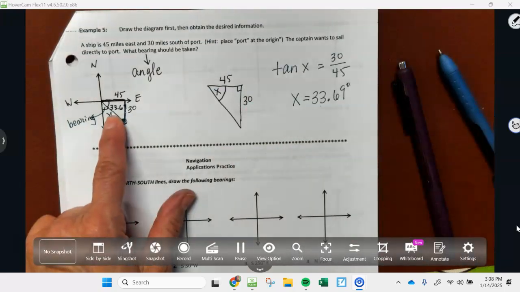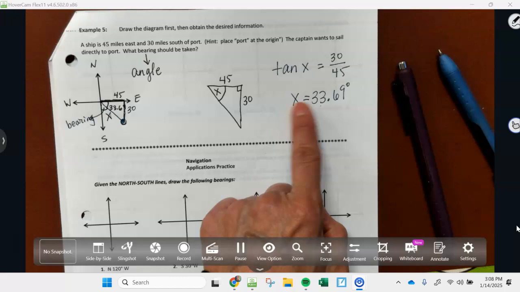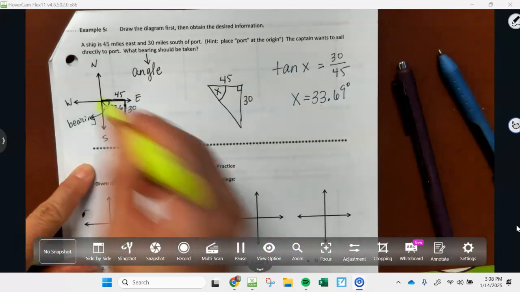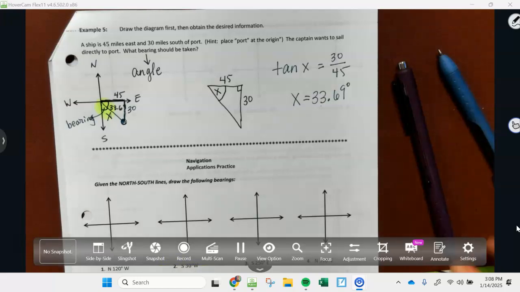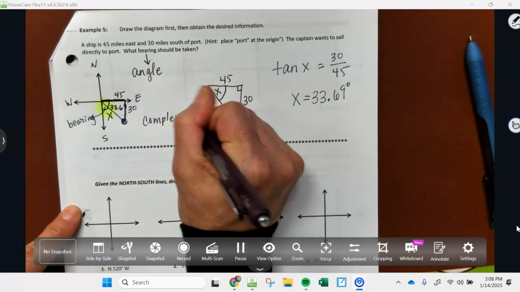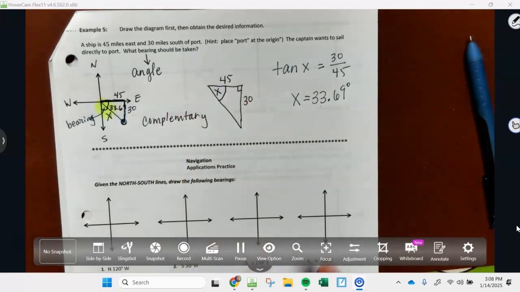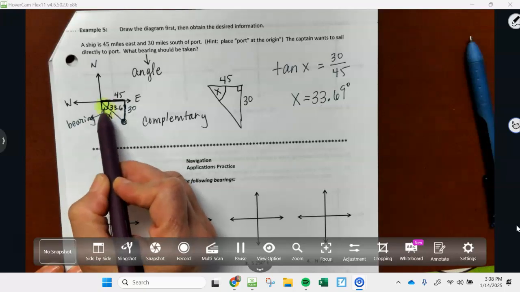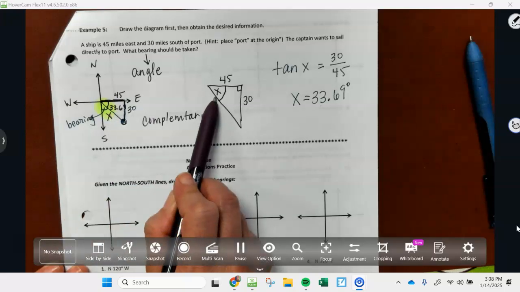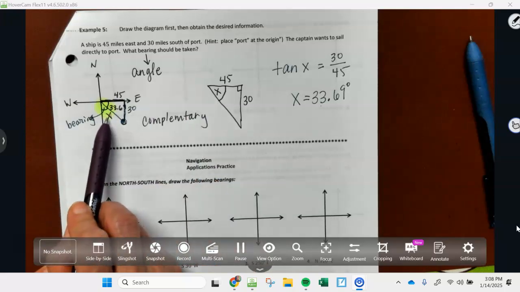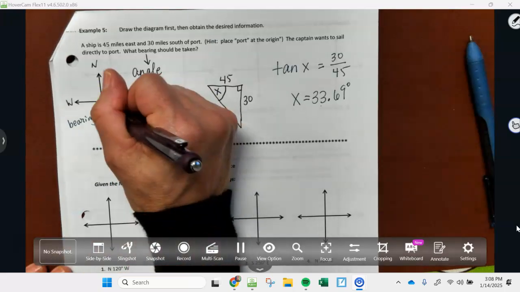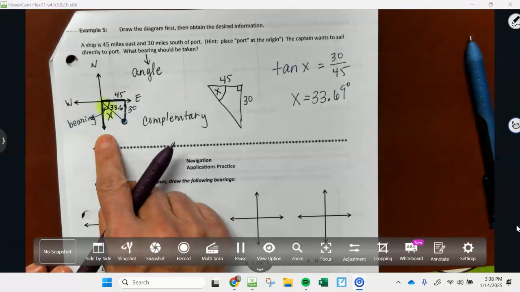Now if you notice, the bearing that we need versus the tangent angle that we found, those are complementary to each other. And remember, complementary angles add up to 90 degrees. This is a full 90 degree right here. Part of that is taken up by the tangent value that we found. The missing part is going to be the bearing that we give the ship back home because we are starting on this line.